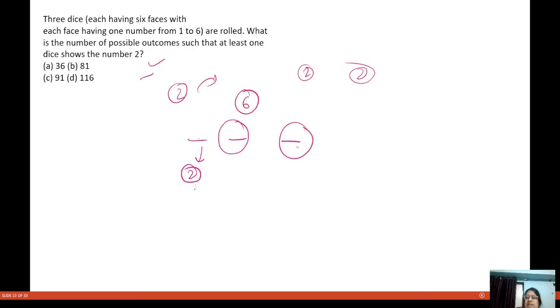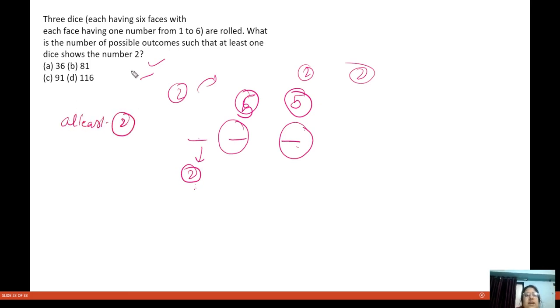So this can show six kinds of faces, or we can take that this can show five kinds of faces because two is not coming here, and this can show five kinds of faces because two is not coming here. We are calculating at least one is having two.